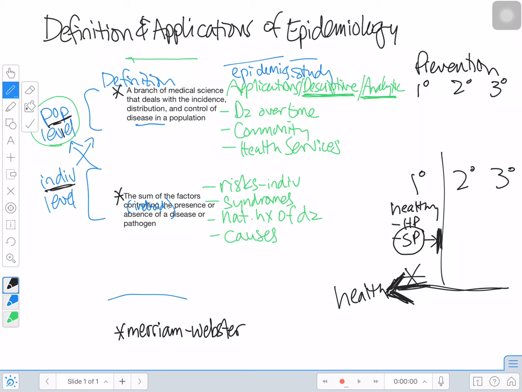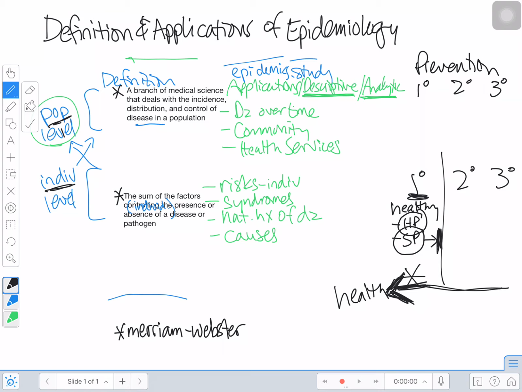Now there are some exceptions to that where we might have protection for more than one thing. But specific protection really helps the body, if it is exposed to some kind of a risk factor, to protect against that thing. So both of these things, health promotion and specific protection, fall into this primary prevention category.